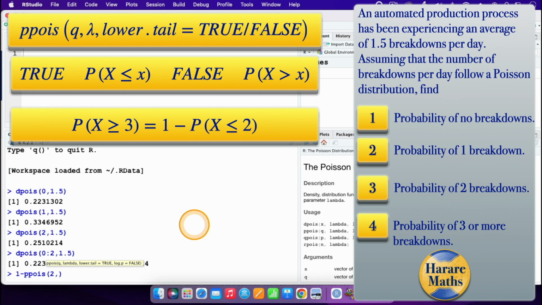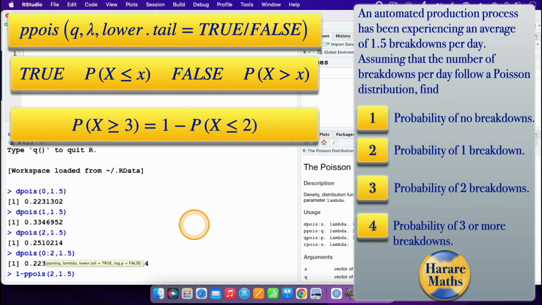The parameter there is 1.5, and the lower tail, if we say is true, then it will calculate x less than or equal to. But in this case, what we want is x less than or equal to 2. And we can write lower tail equals true, or we can just leave it like that. Because if we don't write anything for lower tail there, it assumes that it is true. But if we're calculating x greater than x, then we would use lower tail equals false.